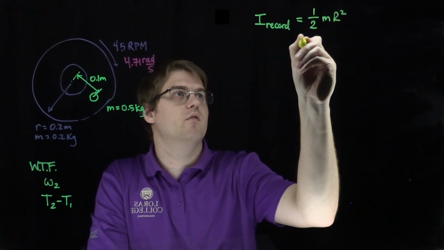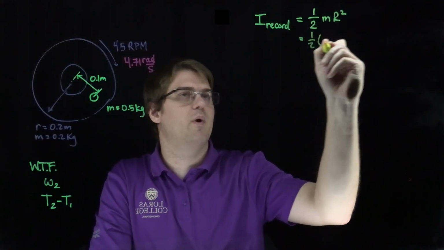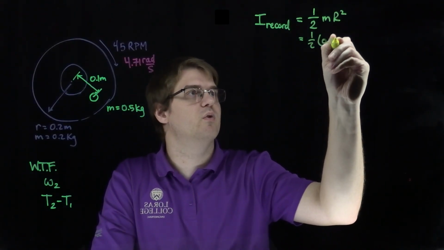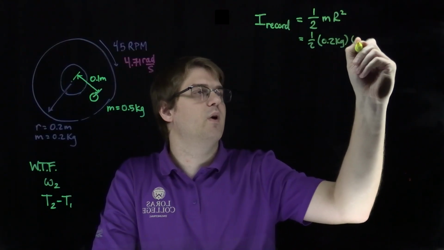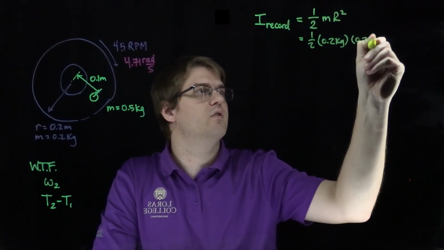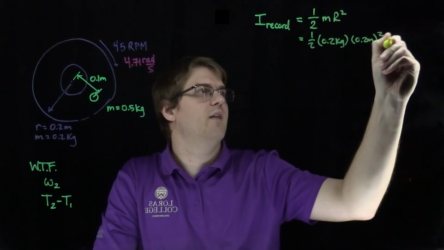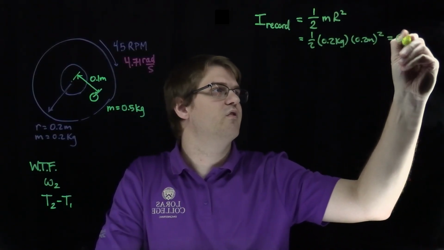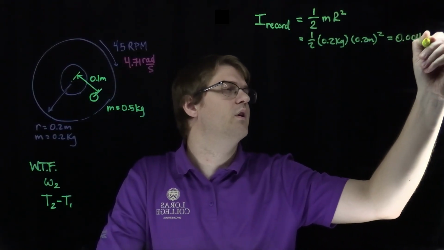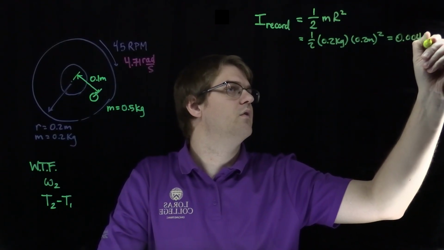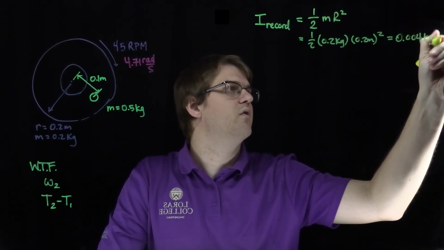We have all the values for this. So 1/2, my mass of my record is 0.2 kilograms, my radius is 0.2 meters, that is squared. That gives me a value of 0.004 kilogram meter squared.